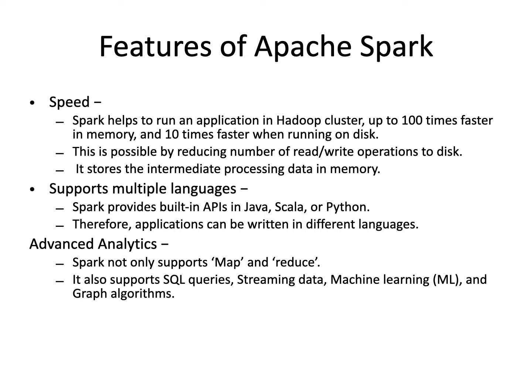This is possible by reducing the number of read and write operations on the disk. The main thing is it stores the intermediate processing data in memory. That's why the Spark processing time is very fast, up to 100 times faster than Hadoop.